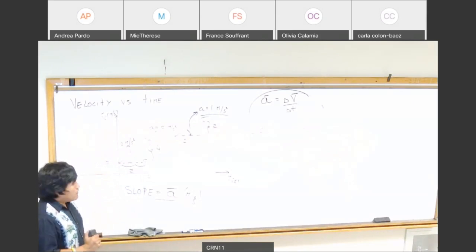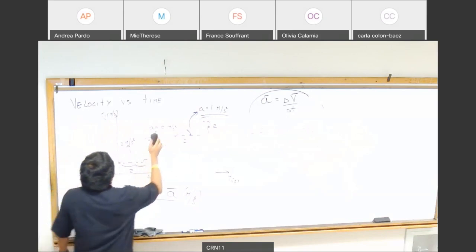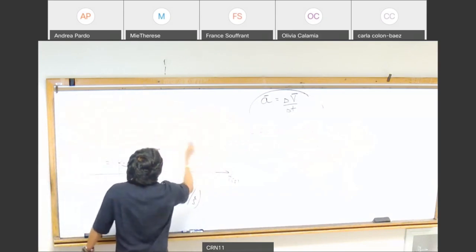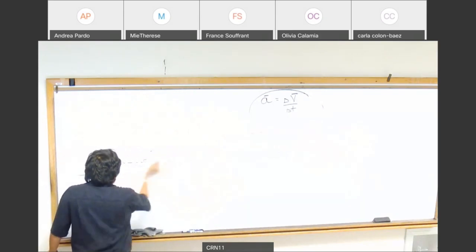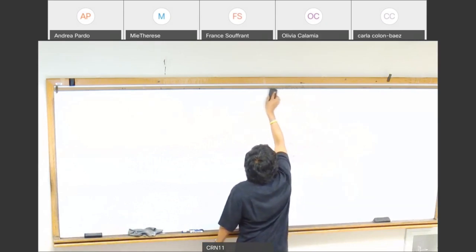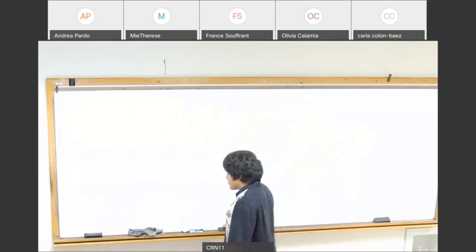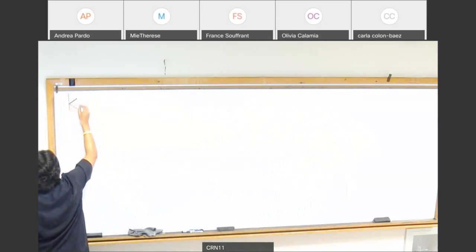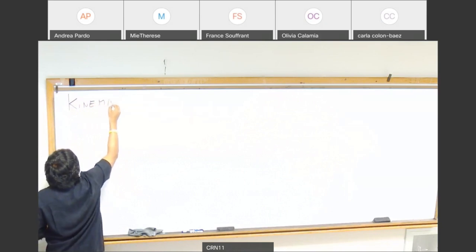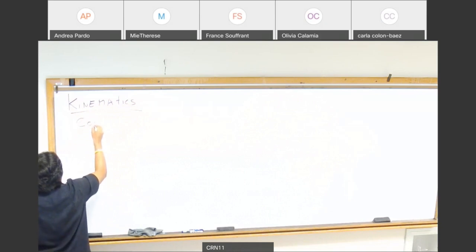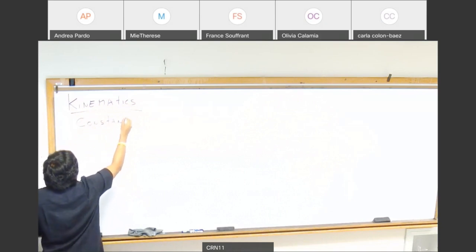Because all motion is always characterized and modeled by the equations of kinematics. So let's put here the equations of kinematics. For that, we start with the definitions. Kinematics. For constant speed, I don't think I need to be very explicit because it's only one equation.